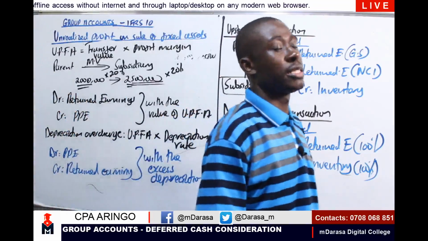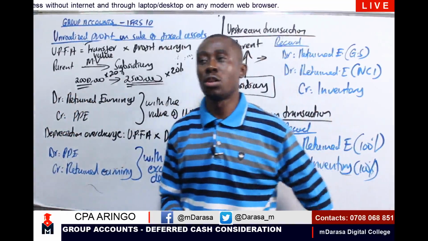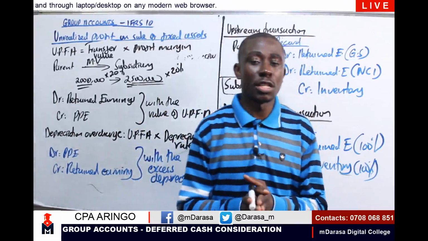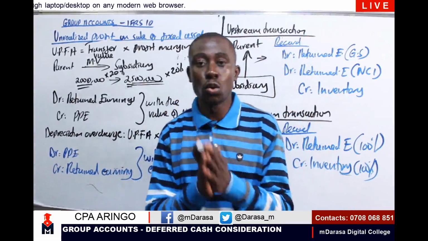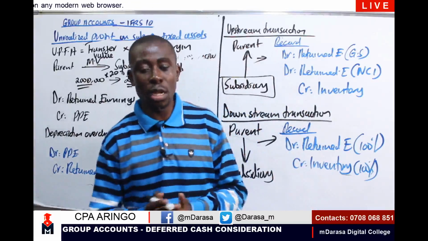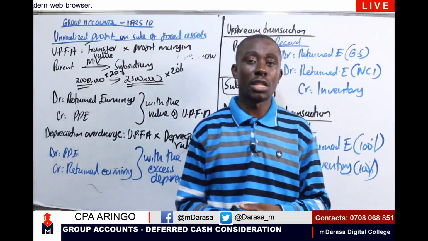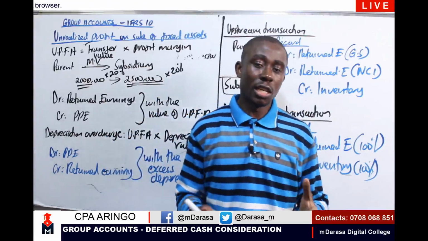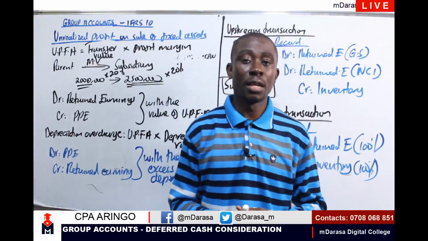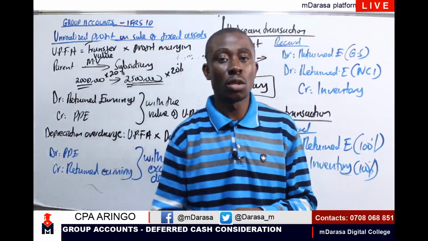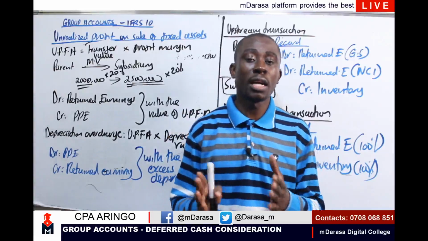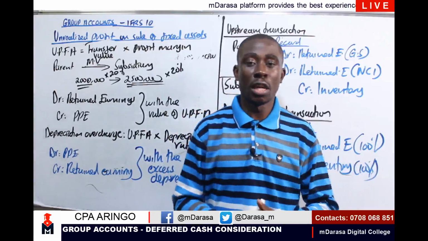Then we can also talk of another adjustment which is also very key before we look at our question. That is the aspect to do with cash in transit as well as goods in transit. Cash in transit will occur when a group member has remitted cash to another group member, but by the time you are closing the financial year, this cash had not yet reached the other group member.